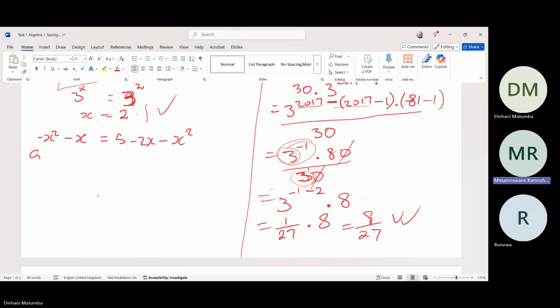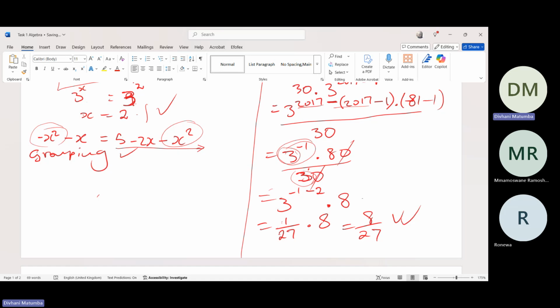Sir, I'm not sure. Grouping. You agree? Yes. These two must be grouped. So in order for us to do that, because we are dealing with quadratic functions, if you want to apply your quadratic formulas, it's better to take everything to one side.